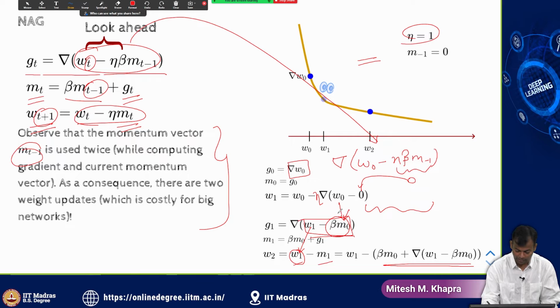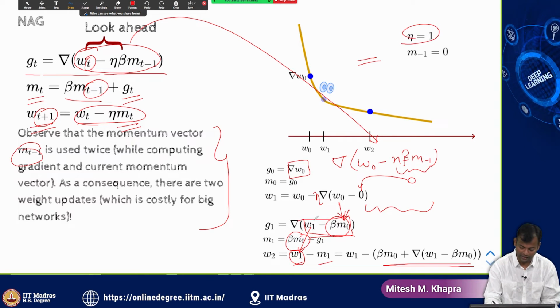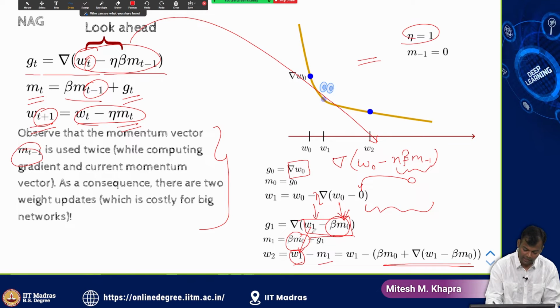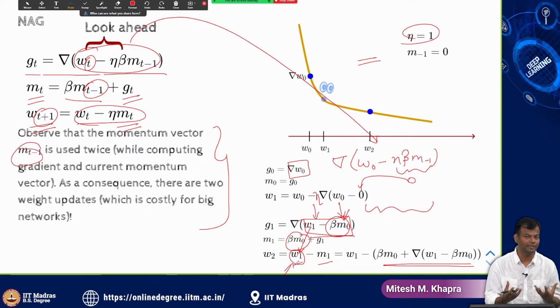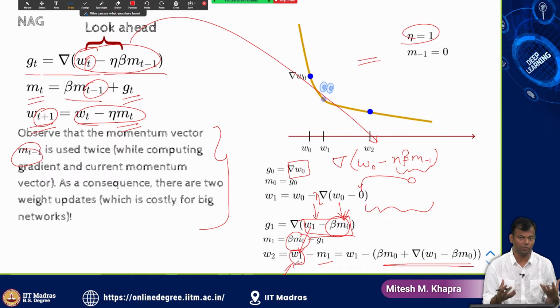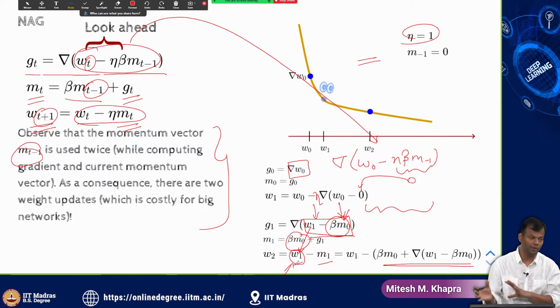So using the beta M0 here, and then again you are using beta M0 here, and then again you are switching back from this temporary computed value to the original value that you have, right? So you're making some extra computations here, which could be done away with. That's the goal that we want to achieve while giving you the same effect, right?